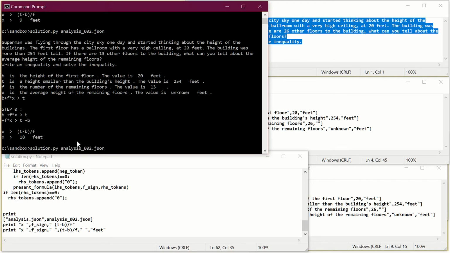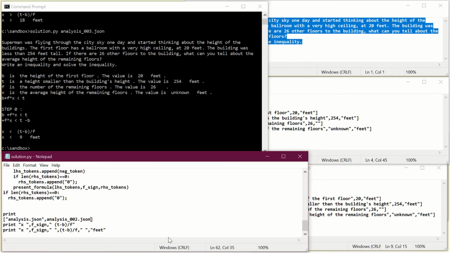Then the third test. The coefficient is also positive. I will add the third test to the list. Okay, then let's run the fourth test.